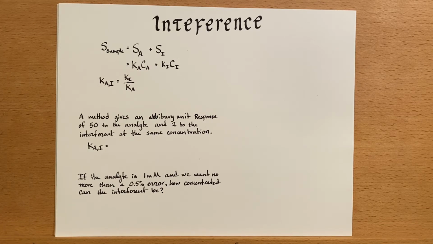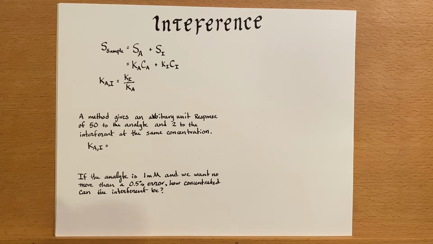So let's do an example that involves determining the selectivity coefficient and then using it to determine the maximum amount of interferent we can have in a sample for a given error level we desire.